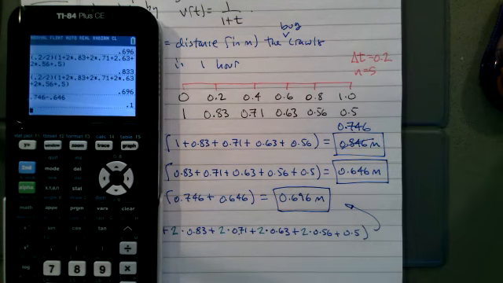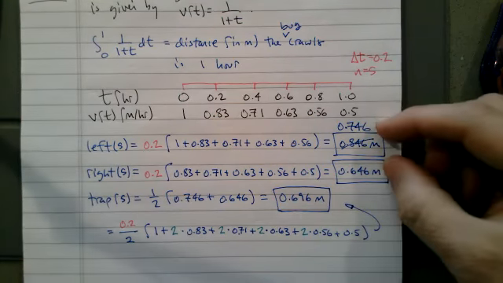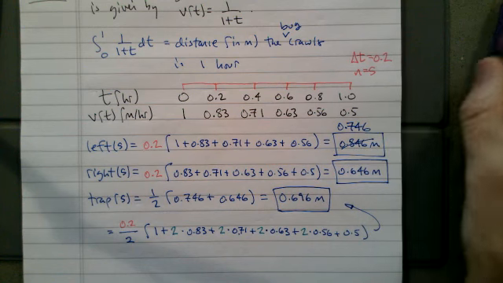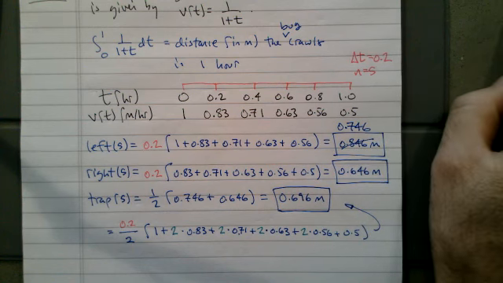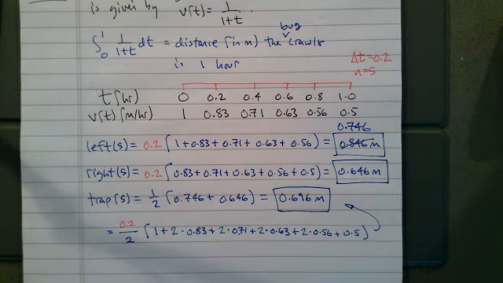So every time I double the number of rectangles, I cut the difference between left and right in half. That's part of what we were talking about last week, where 10 times the amount of work gets you 1 decimal point of accuracy if you're using left and right approximations.